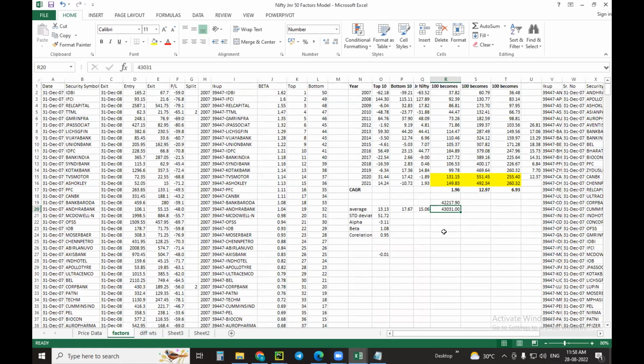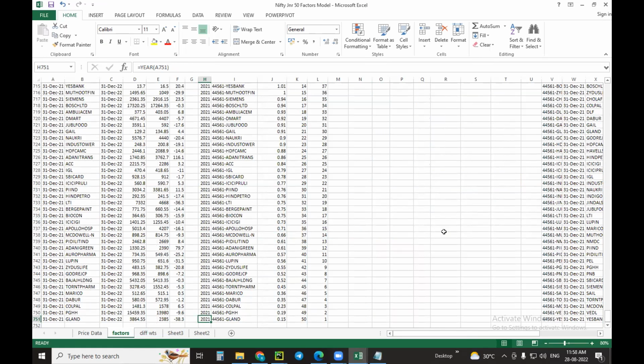Low beta is struggling because just check why. Come down. Because of Gland and Lupin. Sorry, not Arrow Pharma, Lupin.